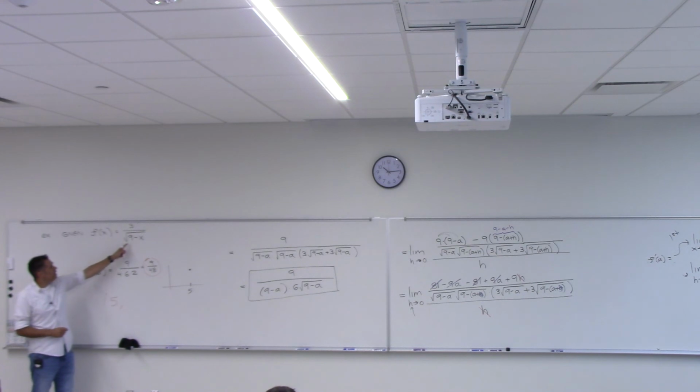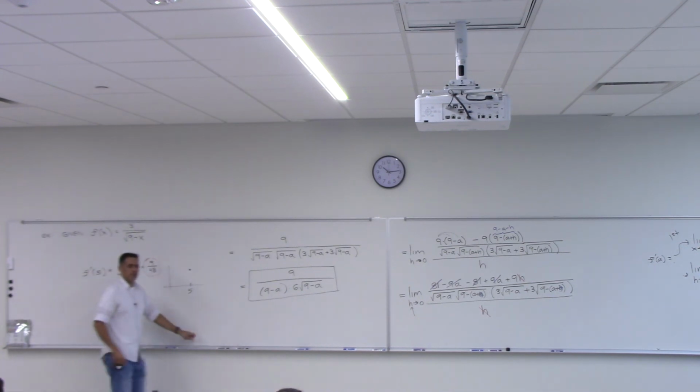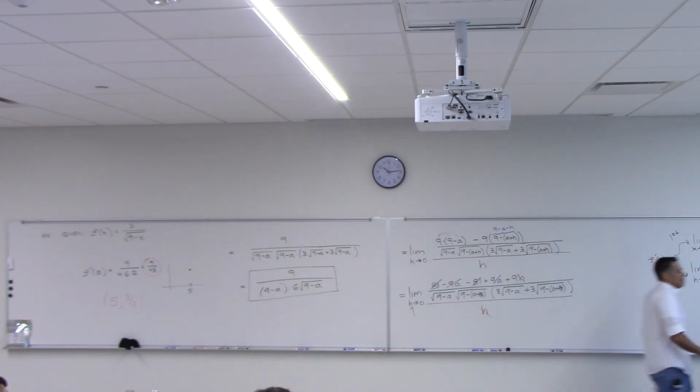So if you plug 5 in here, you get 3 over 3 halves. Now you have a point and you have a slope, don't you? So you can do y minus y1 equals m times x minus x1. So that's what I'm going to do. Let me just plot the point 5, 3 halves. There's the point on the graph.